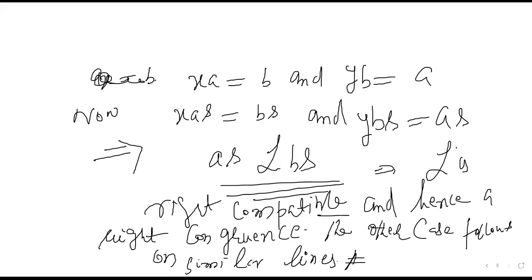Now, we know that the intersection of two equivalences is again an equivalence. So if you have an equivalence L and an equivalence R, you take their intersection, that is again an equivalence.